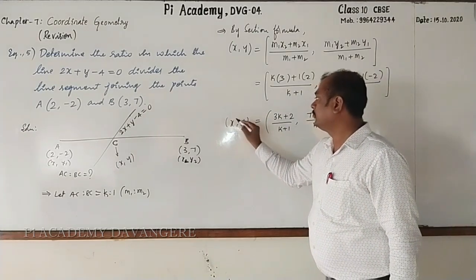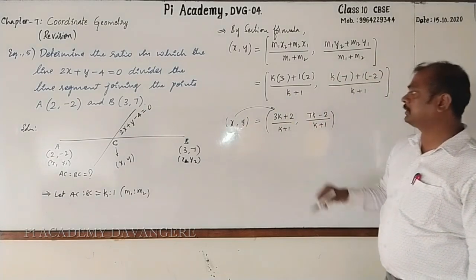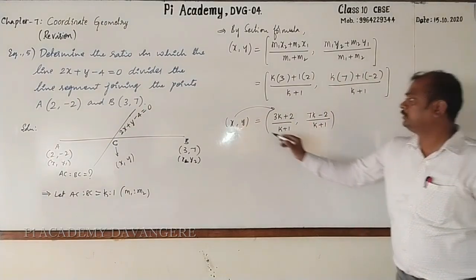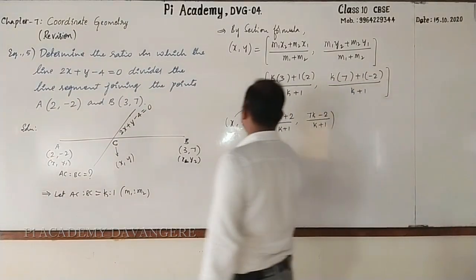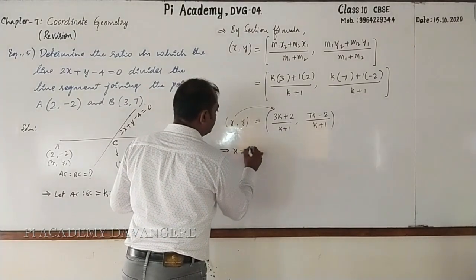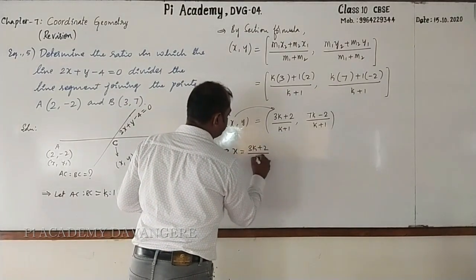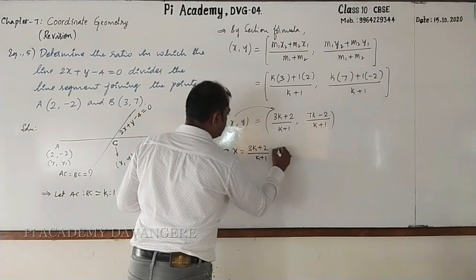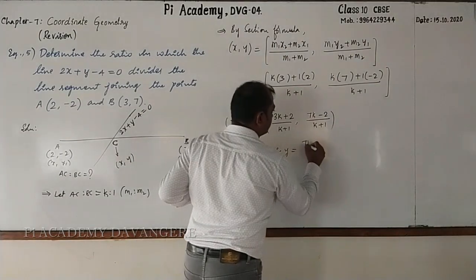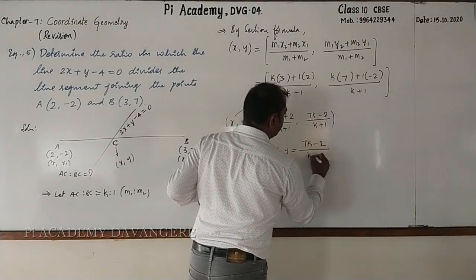That means x = (3k + 2)/(k + 1) and y = (7k - 2)/(k + 1).